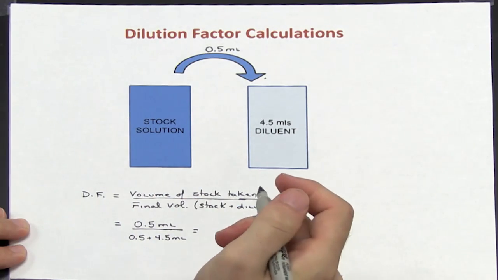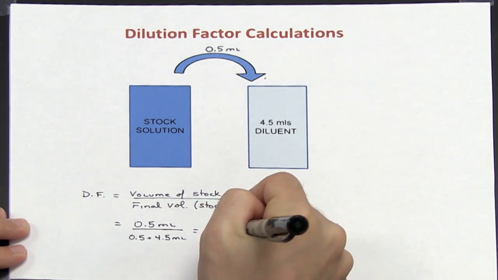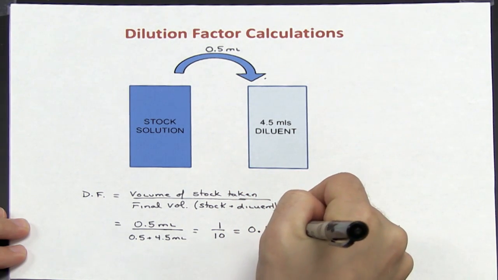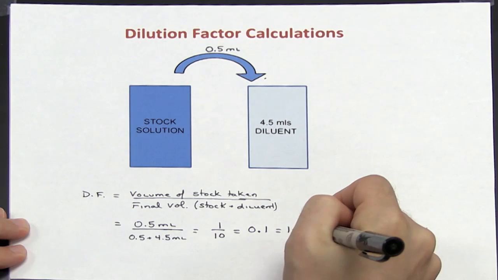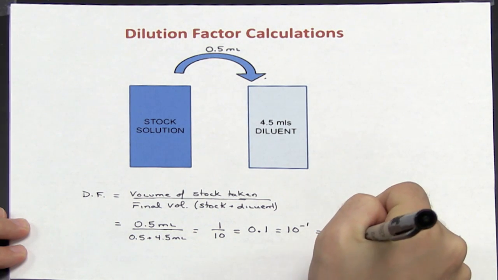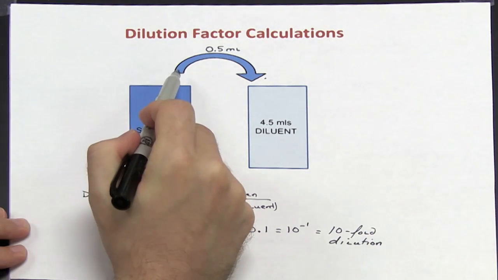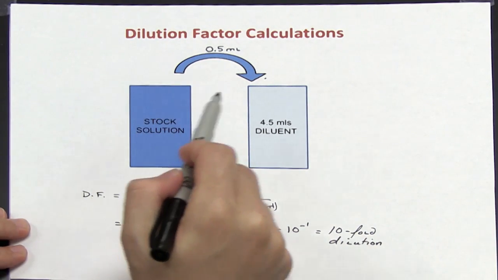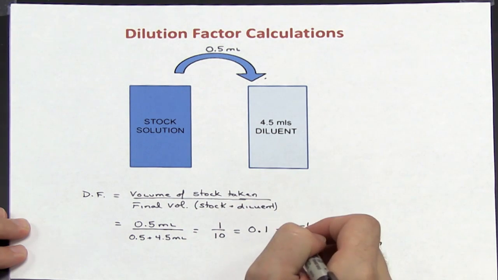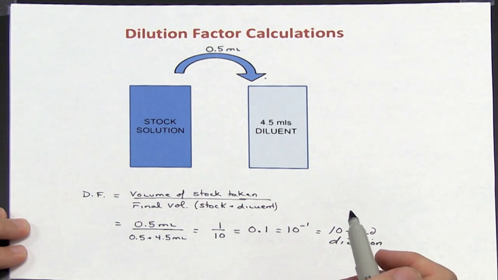And when I calculate this out, I again will get 1 over 10, which is the same thing as 0.1, which is the same thing as 10 to the minus 1, which we can also write as a tenfold dilution. So taking 0.5 mLs of a stock solution and adding it to 4.5 mLs of diluent gives me a 1 to 10 or 0.1 or tenfold dilution.